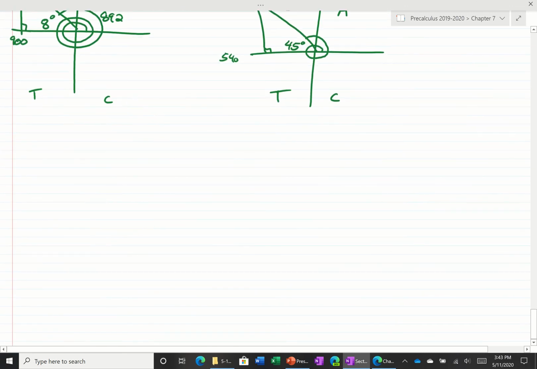A couple more to go. Number 12. It's asking us what's the sine squared of beta. Beta is just like theta. It's just another Greek letter. And then over cosine of beta. So first thing we should do is let's convert everything to sines and cosines. Cotangent is cosine over sine.